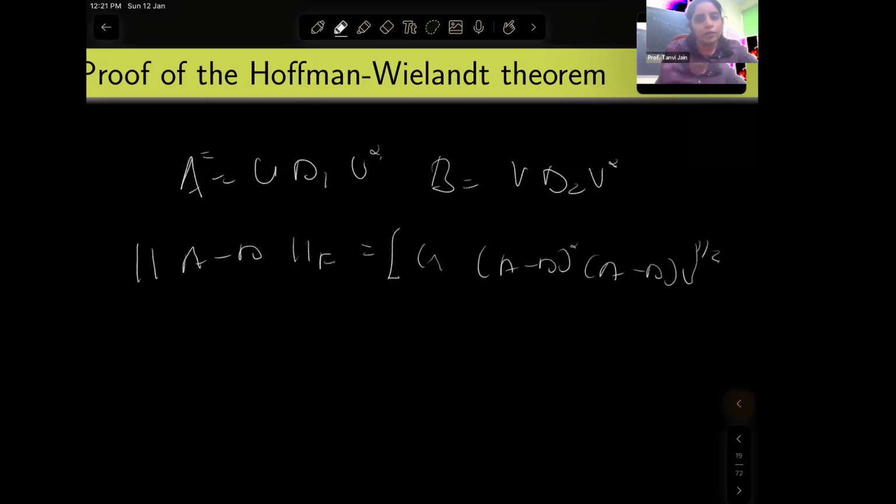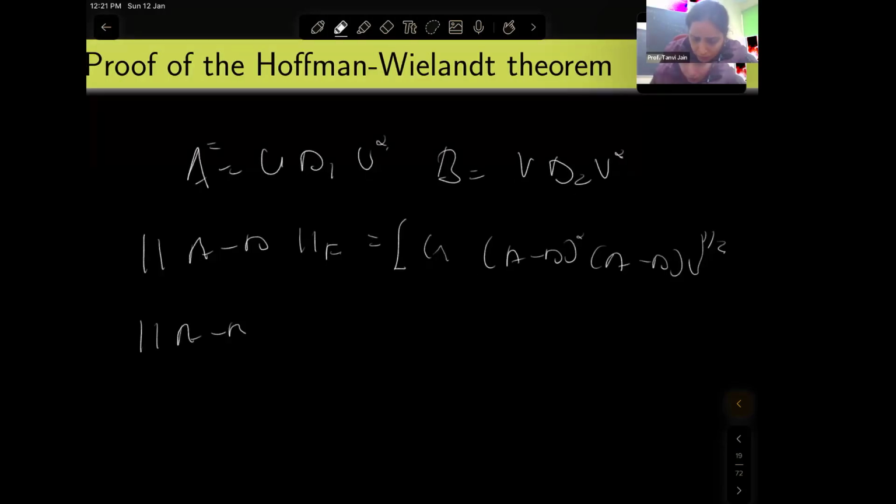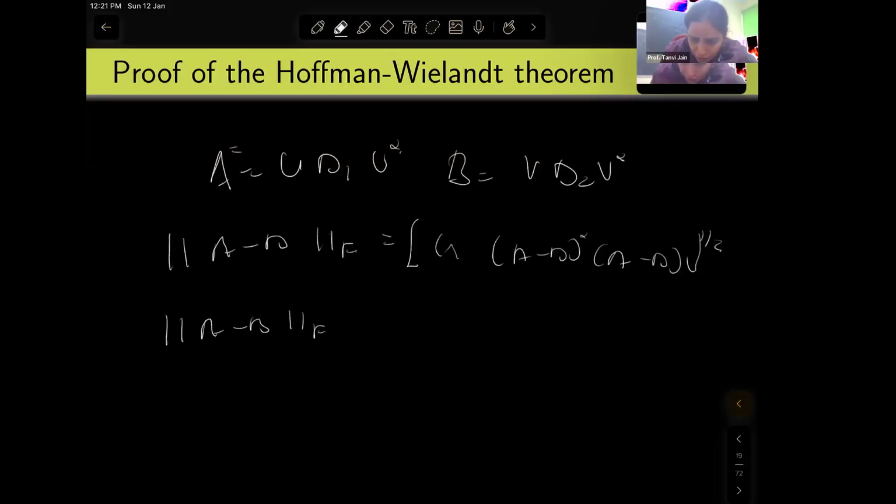Now you know that trace of xy is trace yx. By using this, we can show the norm of A minus B in Frobenius norm, so first the square.